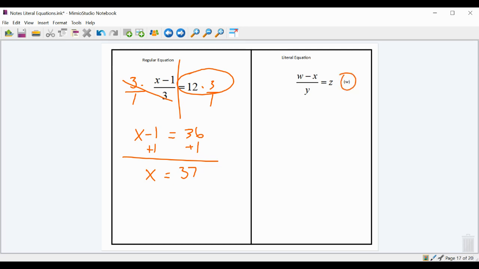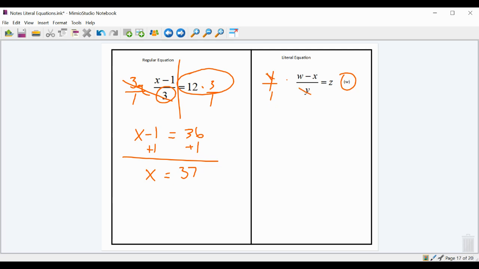Same thing here. We're going to get w by itself. So here's w. It's being divided by y and also subtracted by x. How do you undo a division problem? Just like we did over here, we brought it to the top. So we're going to bring y to the top.